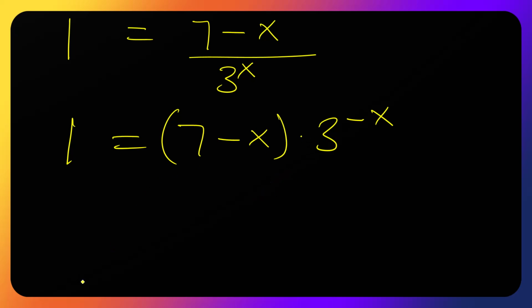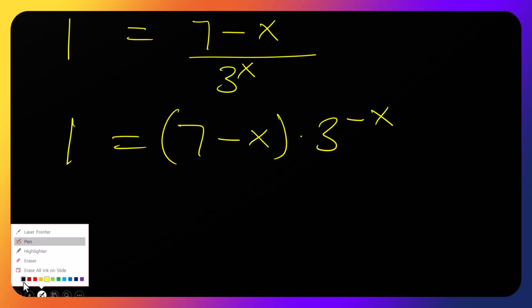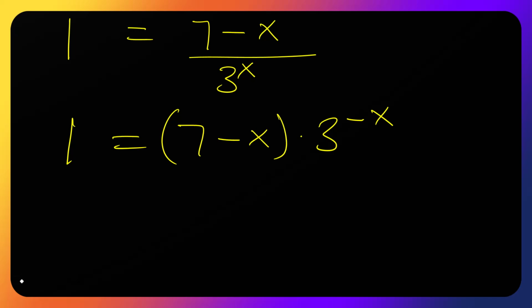Now before we can solve for x, we need to apply the Lambert W function. When we have alpha times e raised to alpha and take the W function, the answer will be alpha. So always we have e here, and what is in the power and what is behind must be equal.